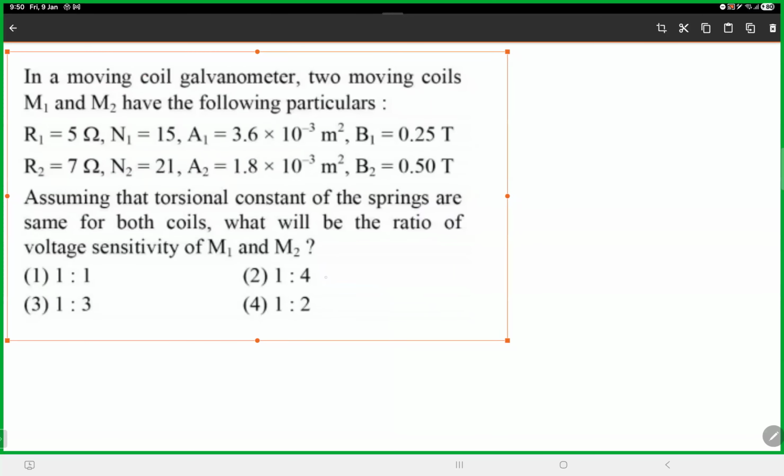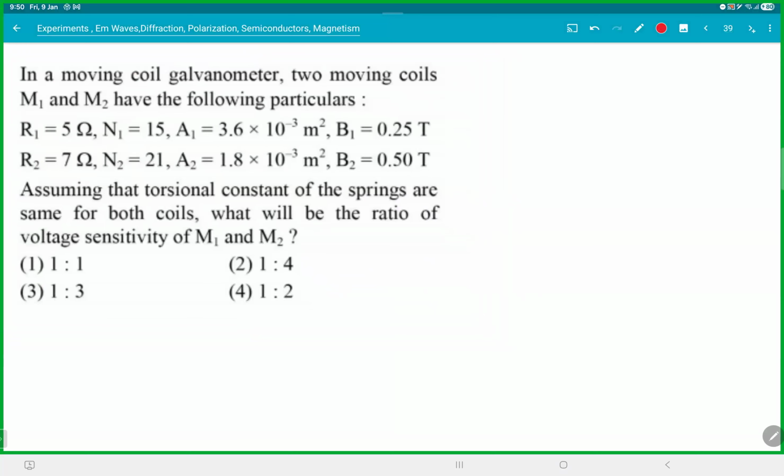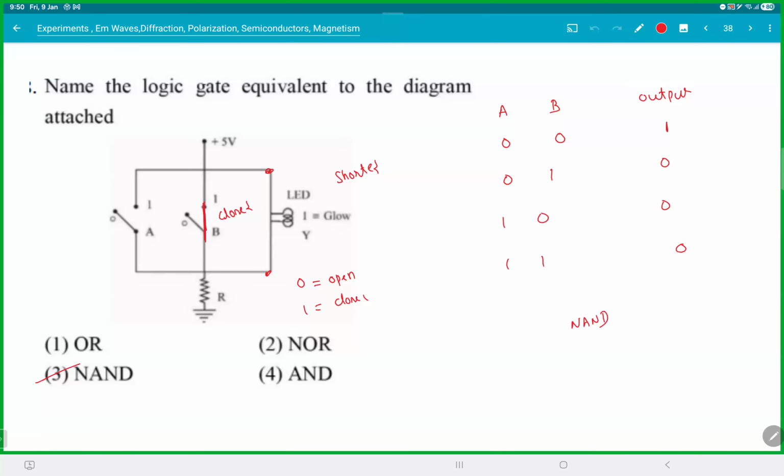Moving coil galvanometer. You know the formula now. What is the formula? It would be NOR gate, no? 0, 0, 1.